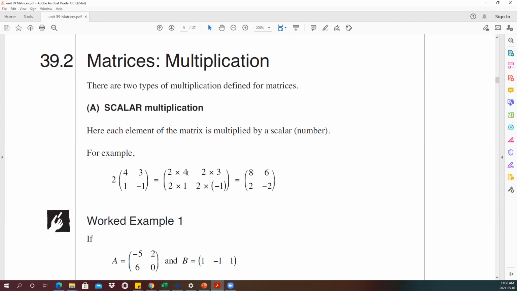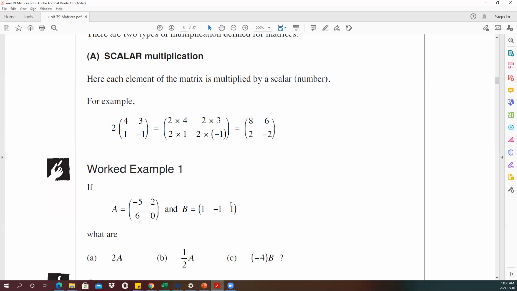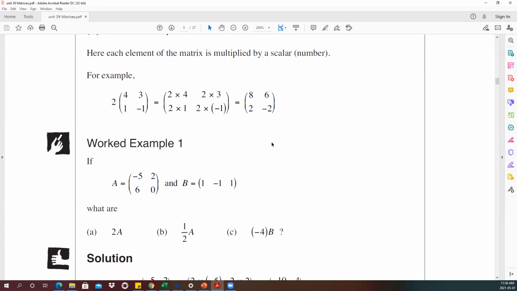So 2 times 4, 2 times 3, 2 times 1, 2 times minus 1. You work all of that out and you get the final matrix, right? 8, 6, 2, minus 2. And that's really it for scalar multiplication. Just use that number on the outside of the matrix and multiply each element inside the matrix by it, right?